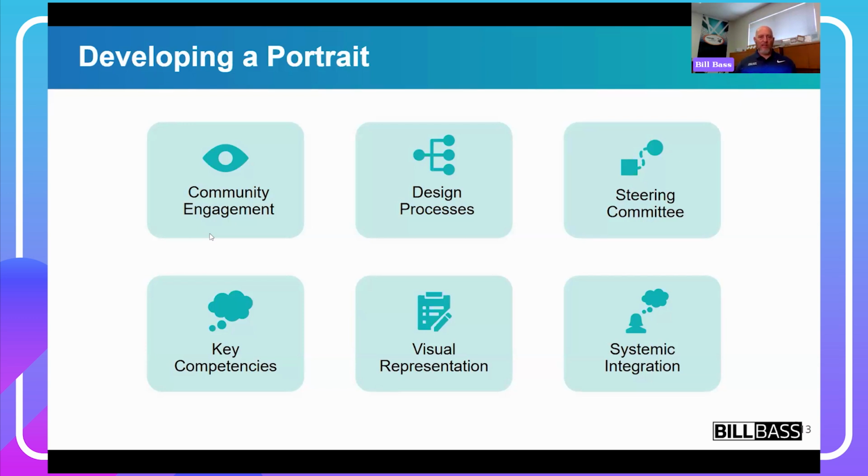And then the most important part: we can do all that work and have this document and have this graphic that's really cool, and it can die there. It can be a poster that's up on the wall. That systemic integration, that last piece, making it part of your system, becomes one of those key elements that we really have to push. And that's why we're here today, to talk about how that can happen.